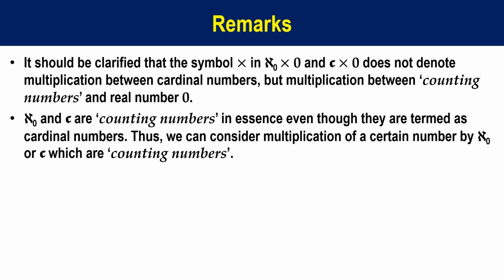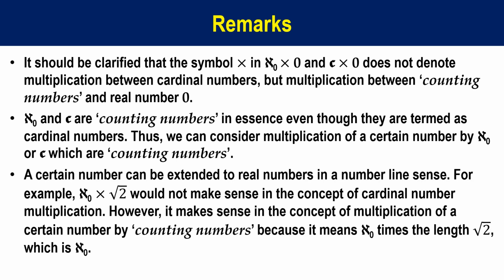Thus, we can consider multiplication of a certain number by Aleph null or C, which are counting numbers. A certain number can be extended to real numbers in a number line sense. For example, Aleph null multiplied by square root 2 would not make sense in the concept of cardinal number multiplication. However, it makes sense in the concept of a multiplication of a certain number by counting numbers, because it means Aleph null times the length square root 2, which is Aleph null.